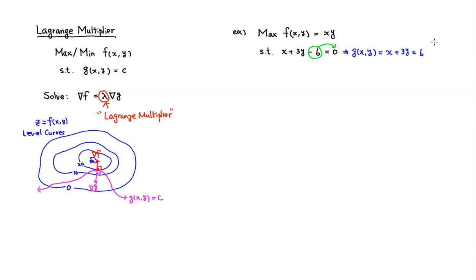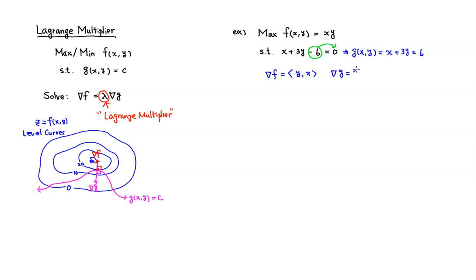Let's set up this equation. Let's find the gradient of f. That's easy. The partial with respect to x is y, and the partial with respect to y is x. Now let's find the gradient of g.